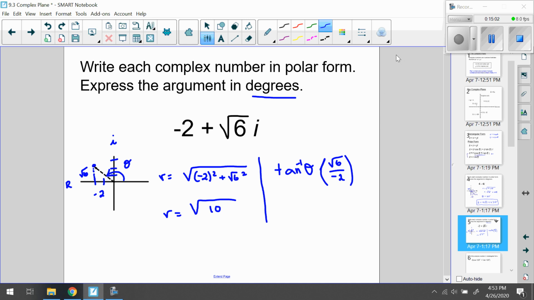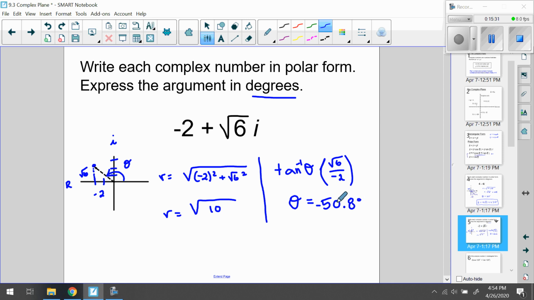And so if your calculator is in radians, go ahead and switch it into degrees. And in doing so, I'm getting an answer of about negative 50.8 degrees. However, we have a small problem.